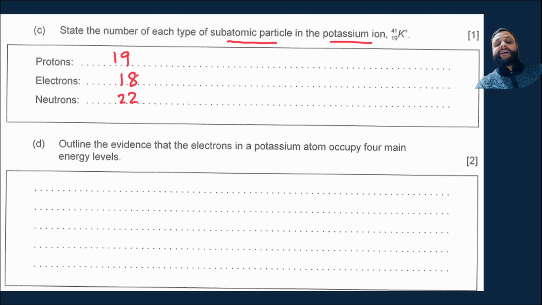Outline the evidence that electrons in a potassium atom occupy 4 main energy levels. If you look at the periodic table, potassium is in period 4 of the periodic table.